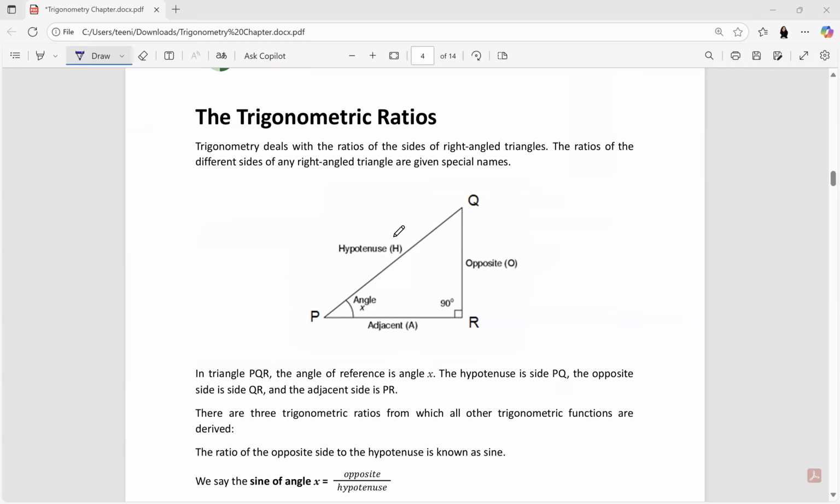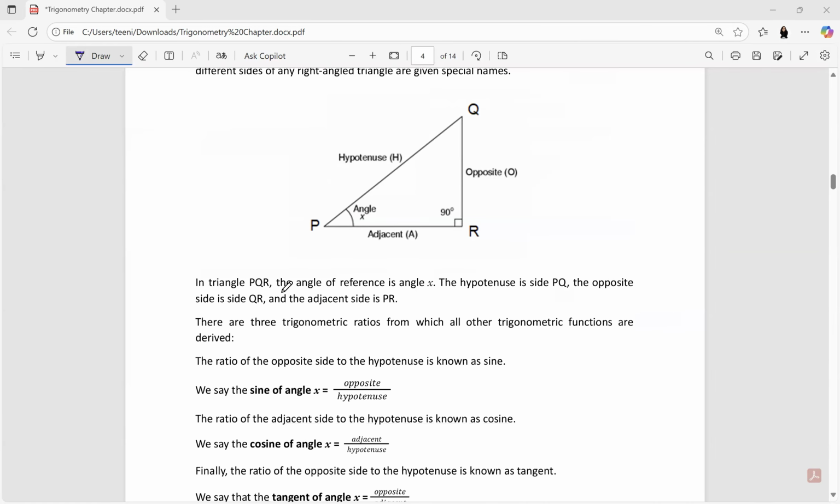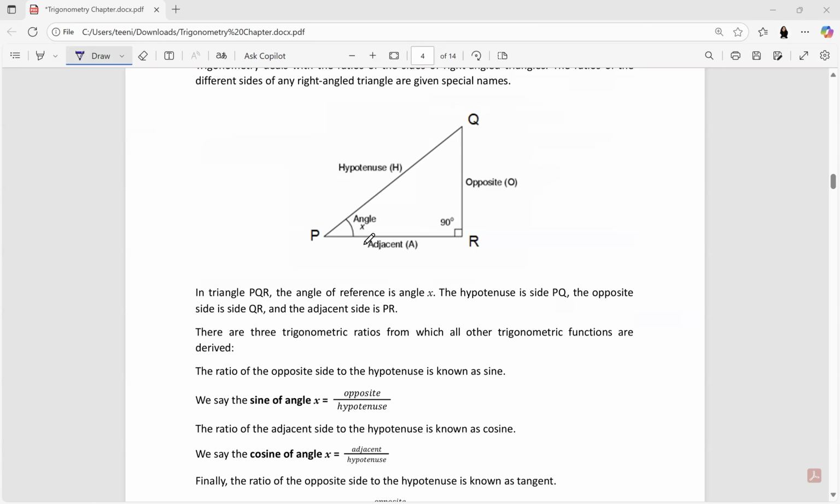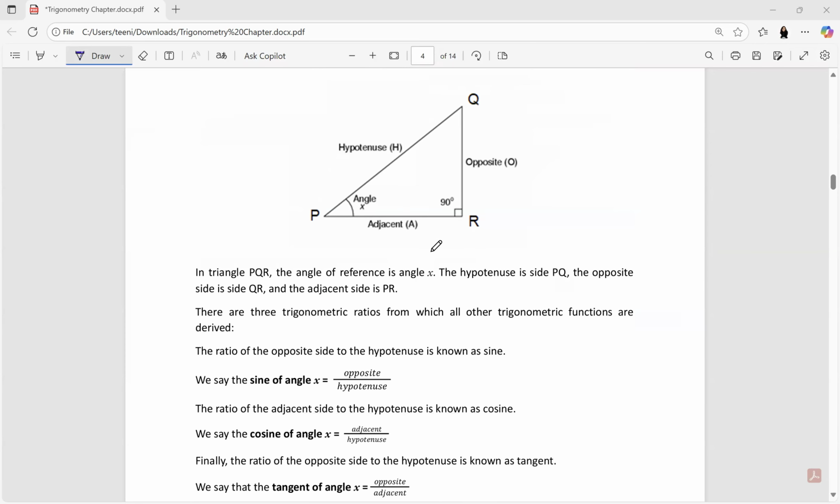The side opposite the right angle is your hypotenuse, always. And then the adjacent is the third side. In this triangle, the angle of reference is angle X, which is how I was able to identify the opposite and the adjacent side.